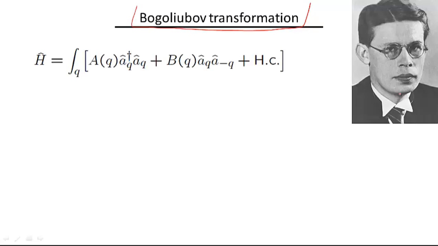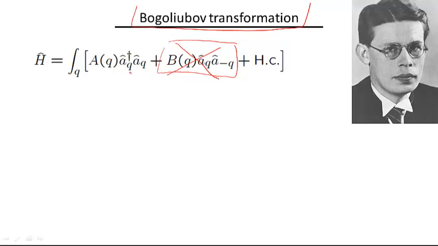So let's look again at this Hamiltonian that we have for the original creation and annihilation operators a sub q dagger and a sub q. Again, our strategy would be to correct, in some sense, the definition of the creation and annihilation operators, so that we can get rid of this unwanted term.